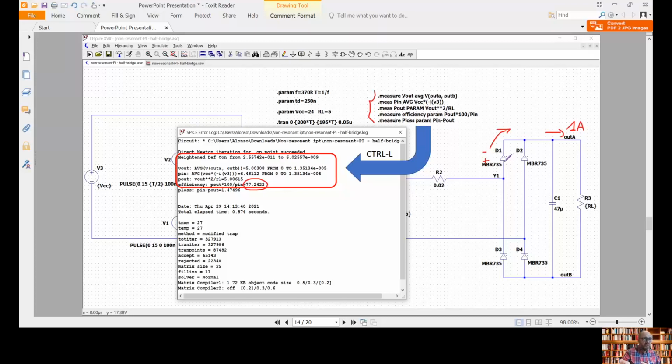So we are going to have something like 250 milliwatts in each diode. So it's around 1 watt in the rectifier. So the total power loss is around 1.5 watts. So this is the efficiency that we are getting in this case.